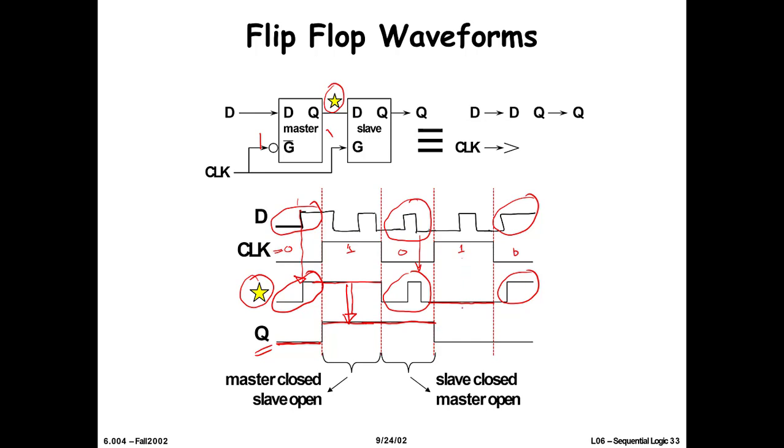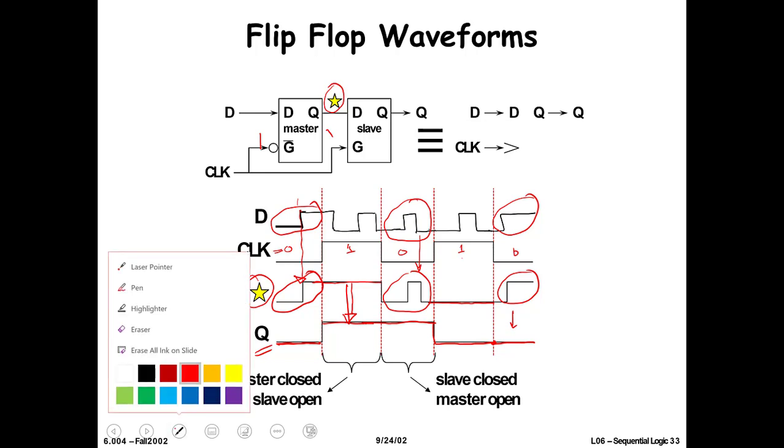Again, when it is 1, the value of the star node is copied. Again, the clock is 0, so it goes to memory mode, which means the value of 0 should be kept.